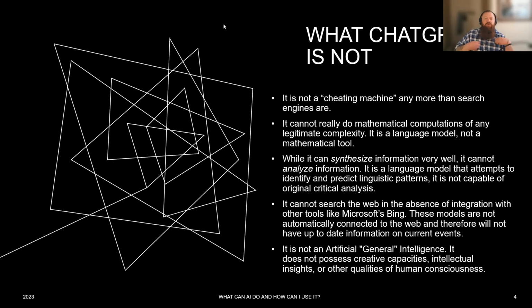So if you present it with a word problem that requires it to do reasoning, all it's going to be capable of is identifying the patterns that it can find in that language and giving you its best guess of what the answer is going to be. So the degree to which it requires it to do reasoning, it's going to struggle with that. Good question, though.